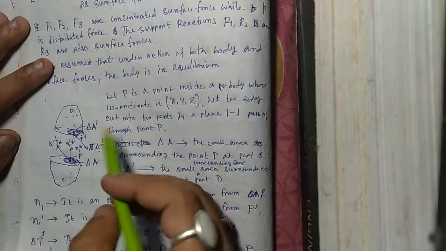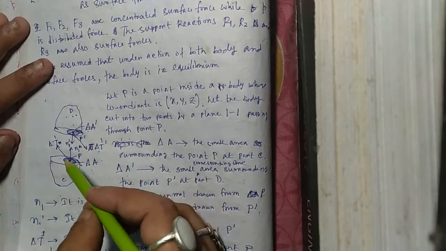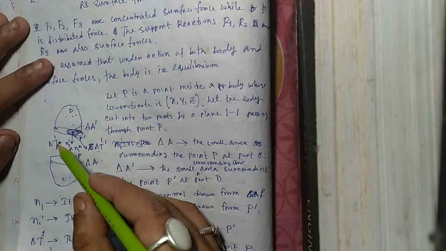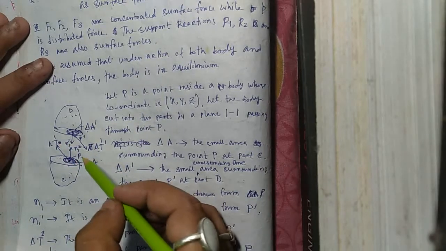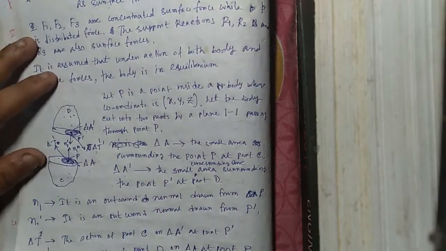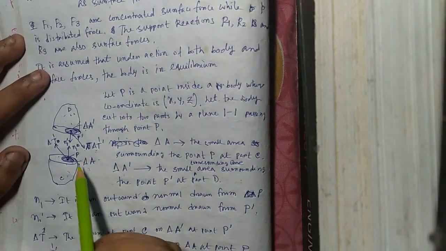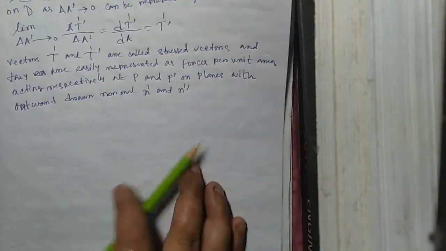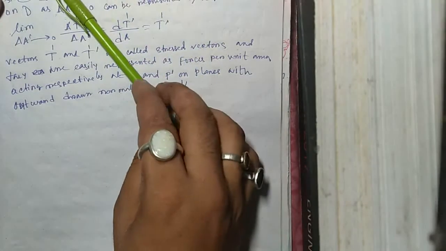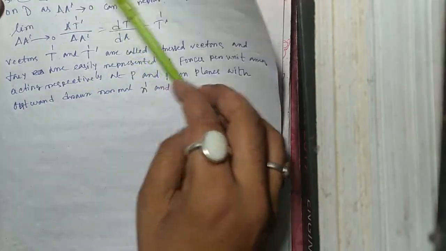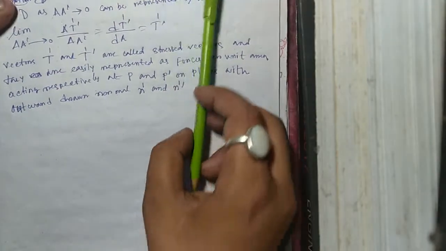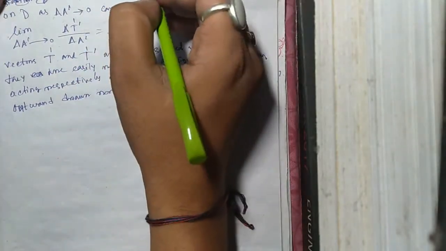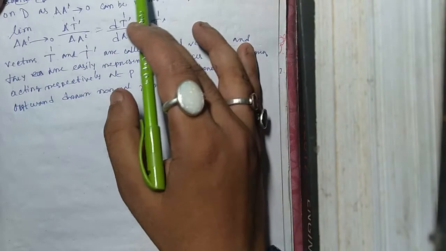So this is the internal action force delta T1, acting from the area delta A dash. So it can be written as delta T1 by delta A, force per unit area, is equal to T1. That can be known as the stress.